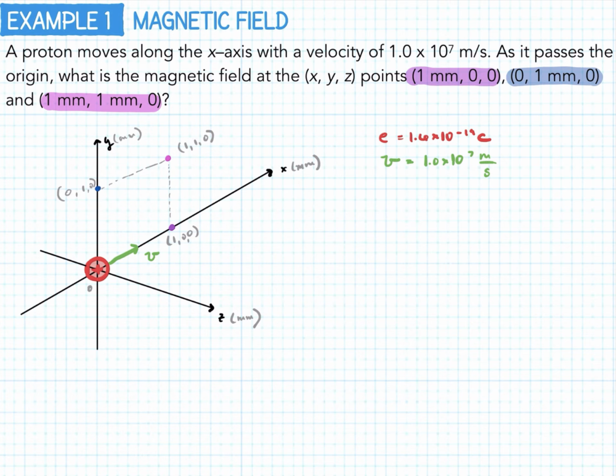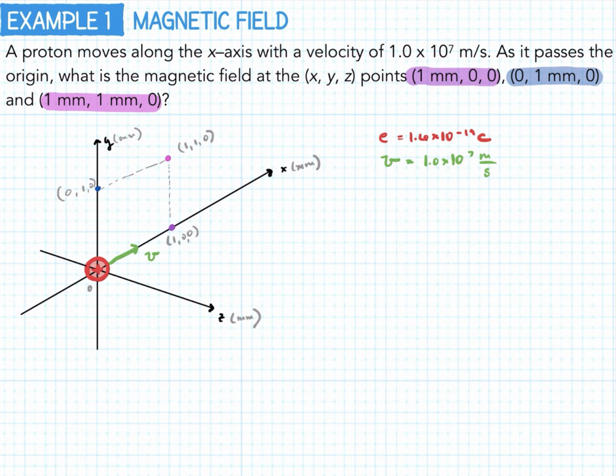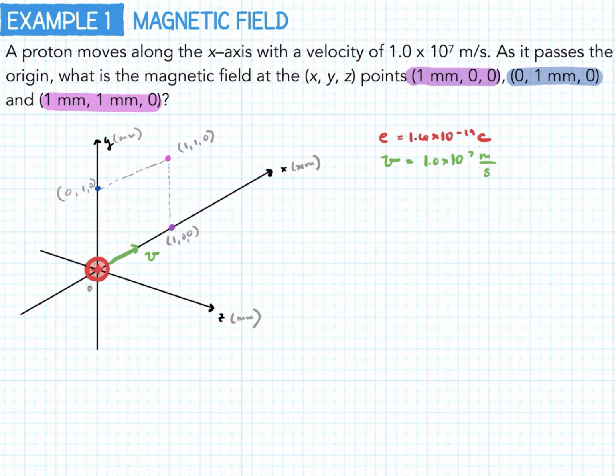Well, if we're thinking about the magnetic field, before we even plug in some numbers, we know that since we're traveling along this axis, all of the magnetic field lines are going to curl around here. They should be bigger closest to the actual particle, and they should get smaller out here. So we're going to figure out just the tangent of those. If you have a magnetic field that looks like this here, you're going to have a magnetic field that points like this here.